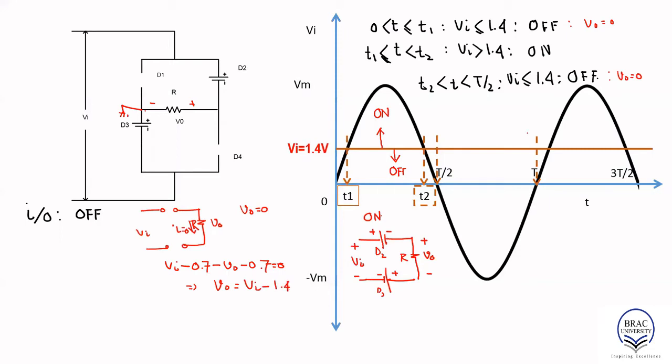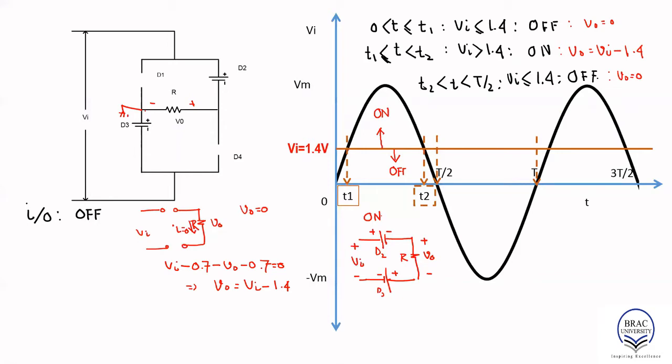So that is the input-output relationship when the diode is on: V0 is equal to Vi minus 1.4. This is how we obtained the input-output relationship when the diode is on and when the diode is off.